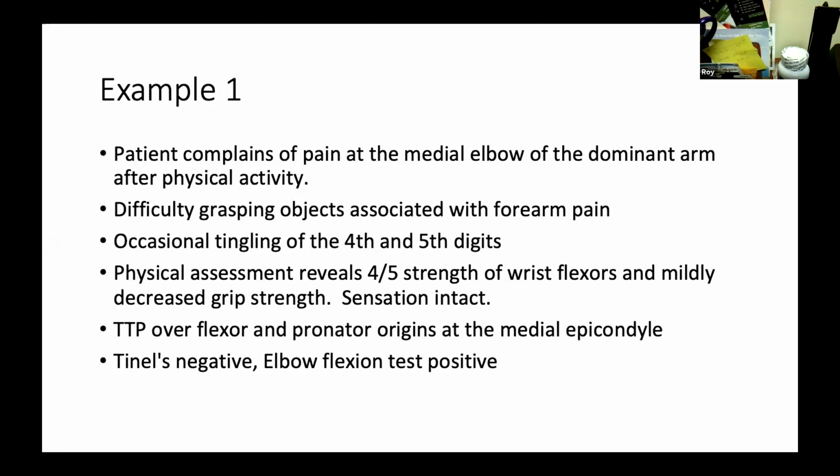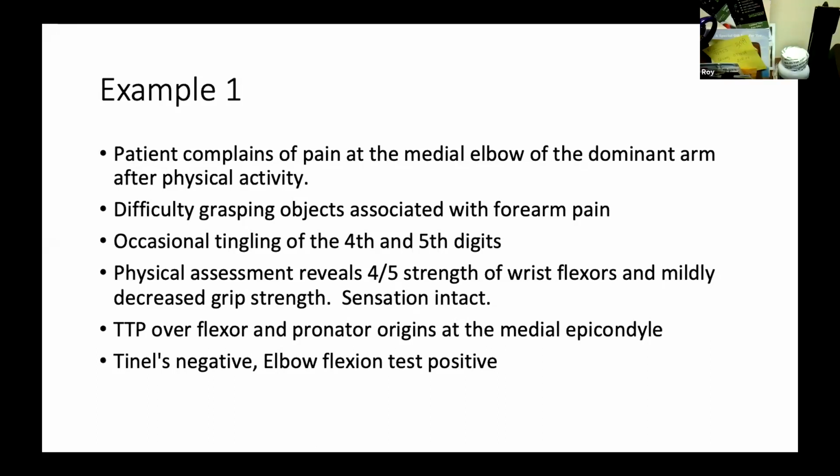Let's take a look at what we got here. I mean, like a cubital tunnel? That's the one we want to think of first, but what else could possibly be?